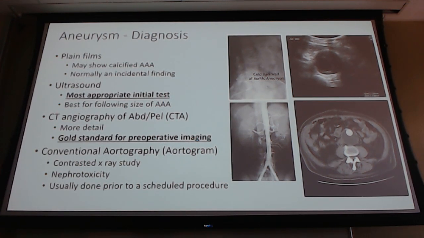So it's not contrast in the artery, that's not a true angiogram. And then conventionally, if we have IR or a vascular surgeon, they can do an arteriogram, or angiography.